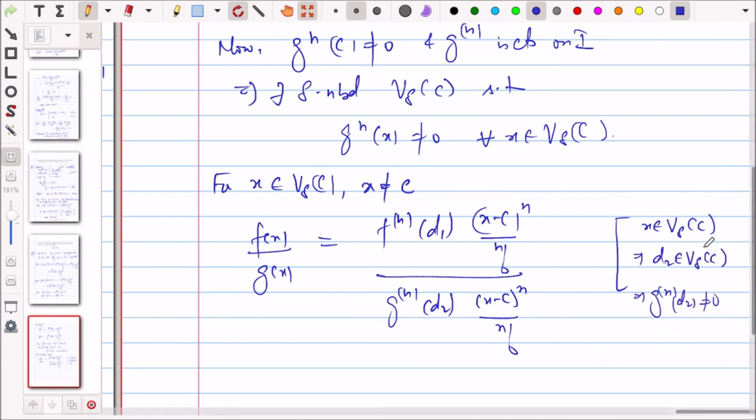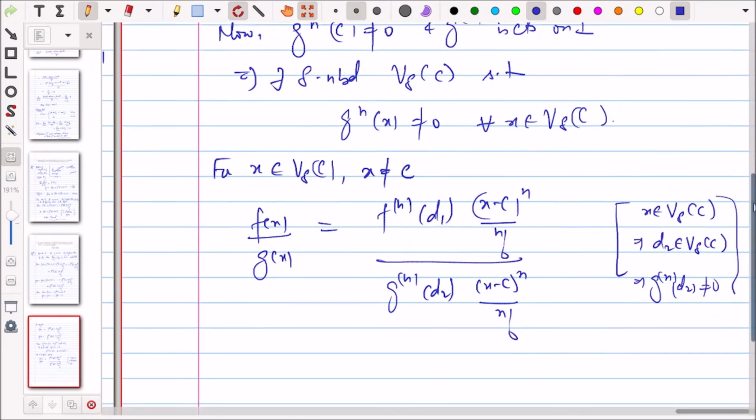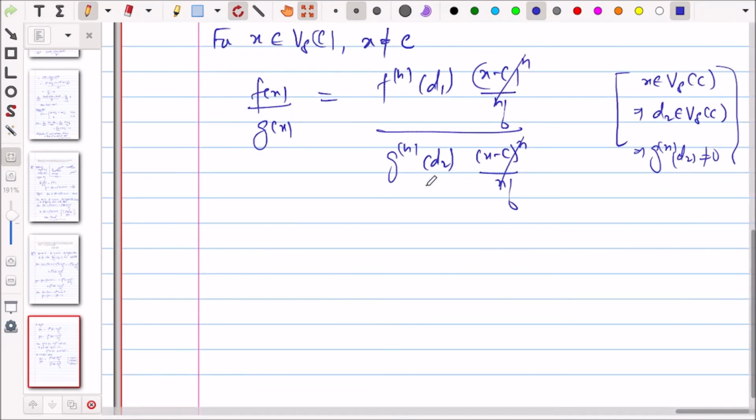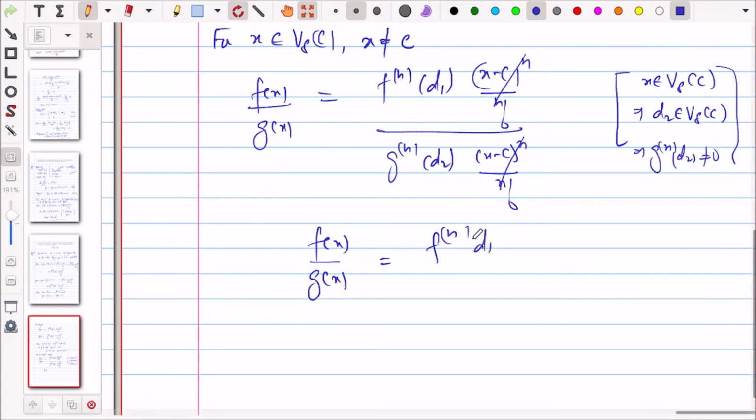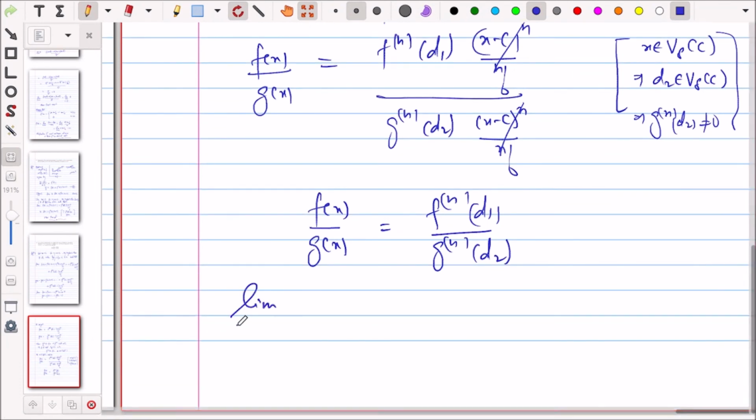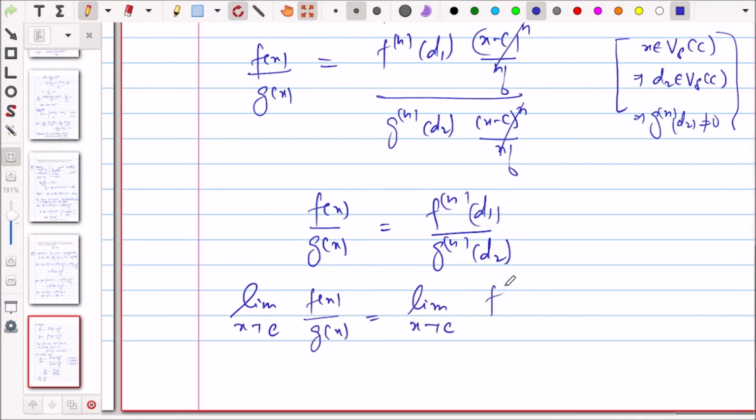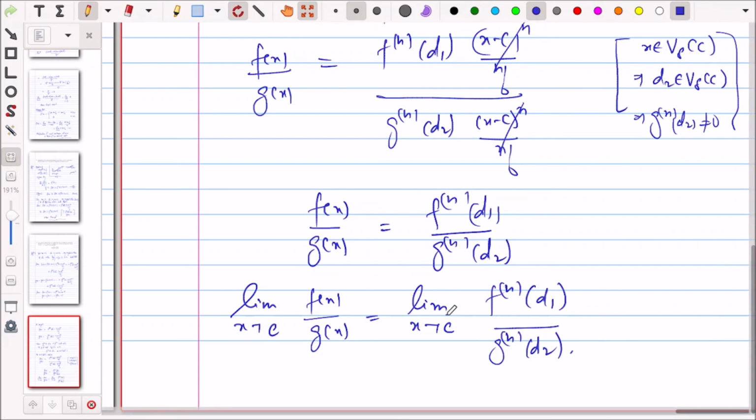So after dividing, these two get cancelled out, and we are left with f(x) by g(x) equal to f^(n)(d1) by g^(n)(d2). Now we will take the limit: limit x tends to c of f(x) by g(x) is equal to limit x tends to c of f^(n)(d1) by g^(n)(d2). Now because these two are continuous functions, we can take the limit inside.